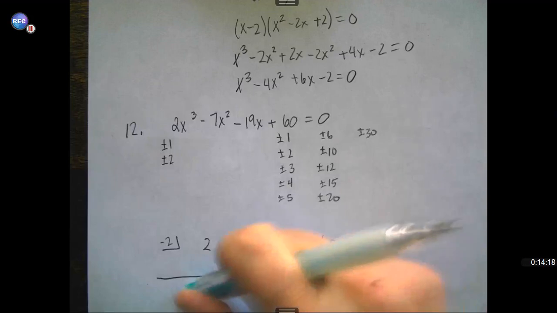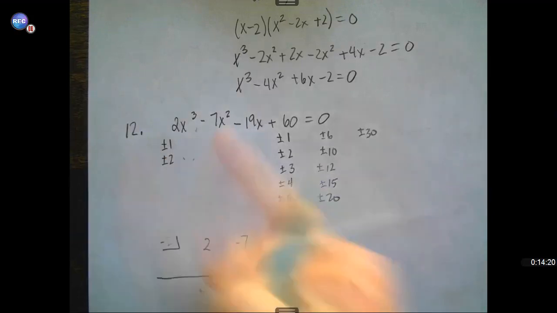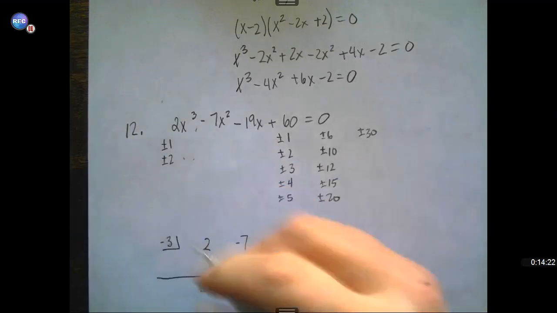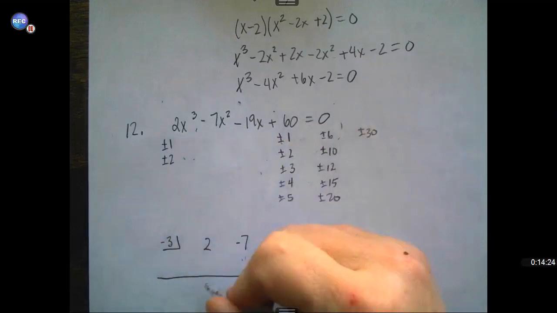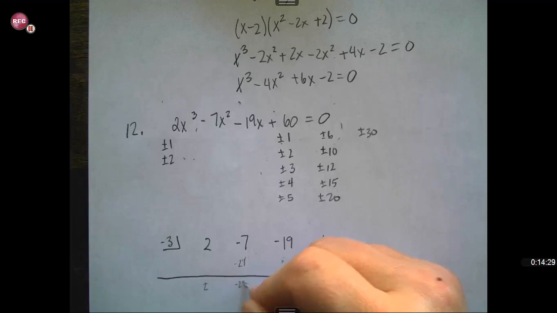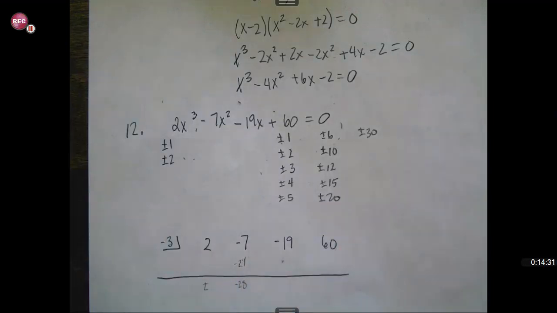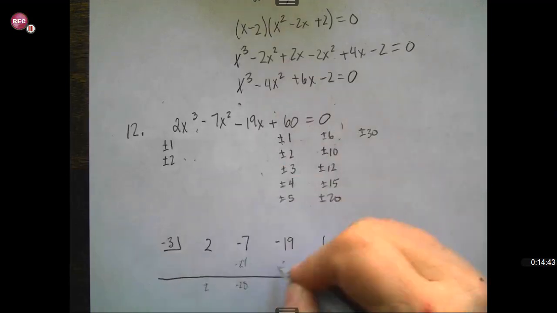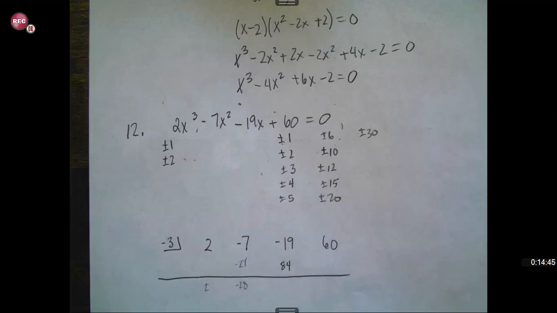So let's try negative 3. So 2, negative 21, negative 28, 8 times 3 is 84, minus 19 is 65. It's not going to work.